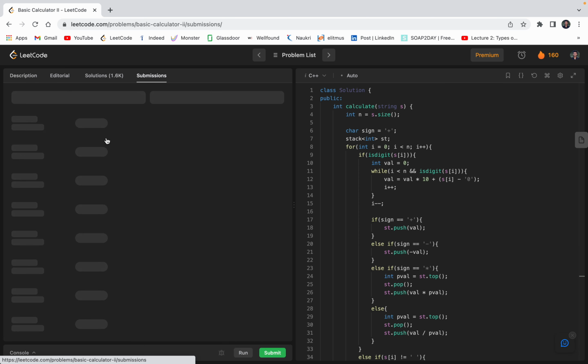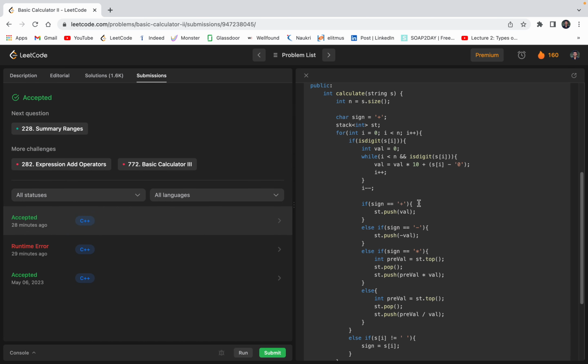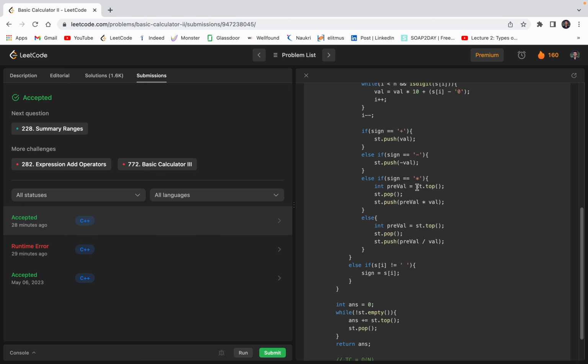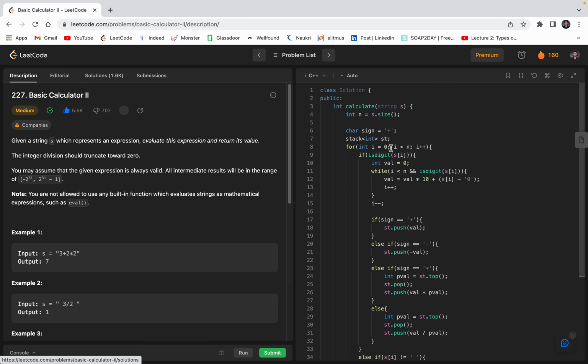Let me check from the solution what mistake I made. Val is equal to val into 10.